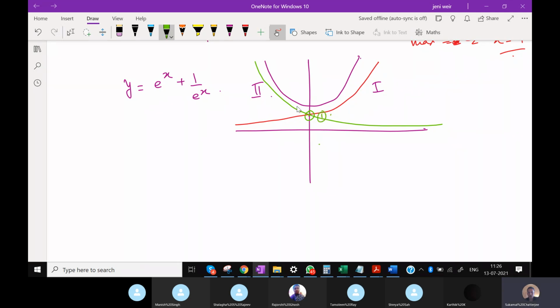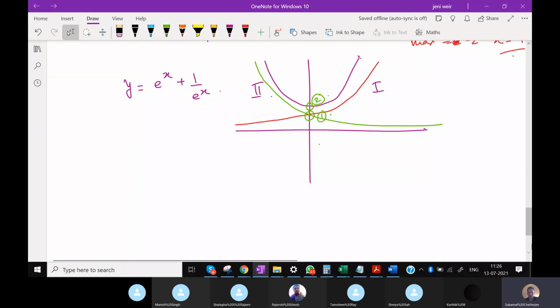So the graph of e to the power x plus 1 by e to the power x will be this one, where this point will be 2. Okay. So this is true if the function is exponential.